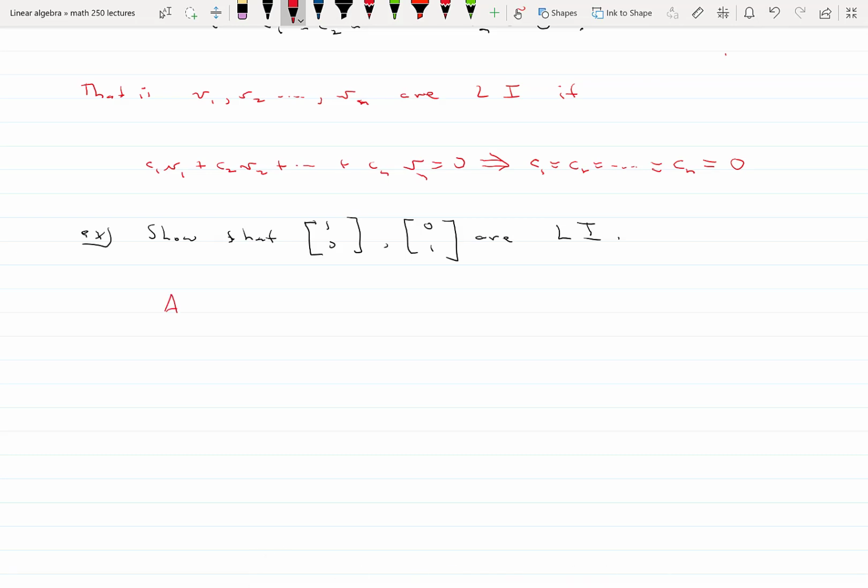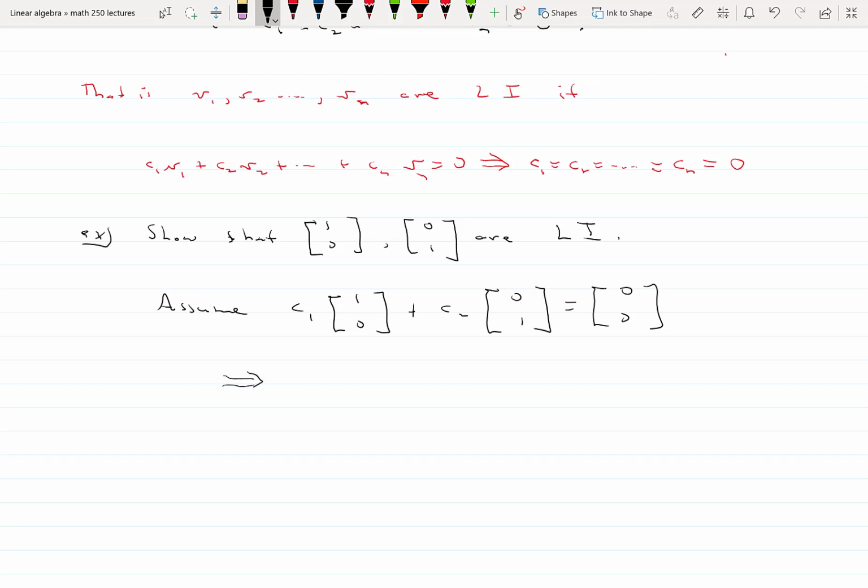Assume, oops, we don't need to be in red anymore, assume the equation C1 V1 plus C2 V2 equals the 0 vector. Show that the only constants that will make this true are C1 and C2 both equaling 0. Then you've got linear independence.